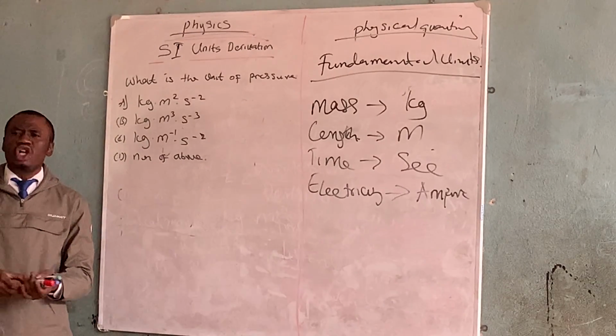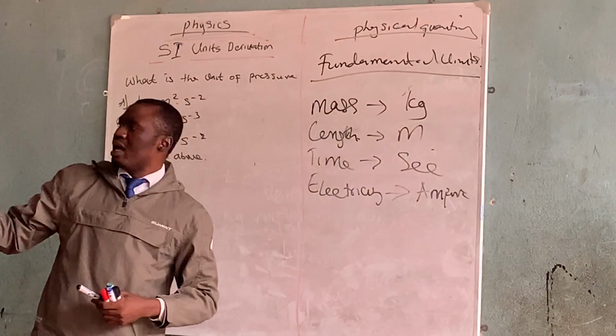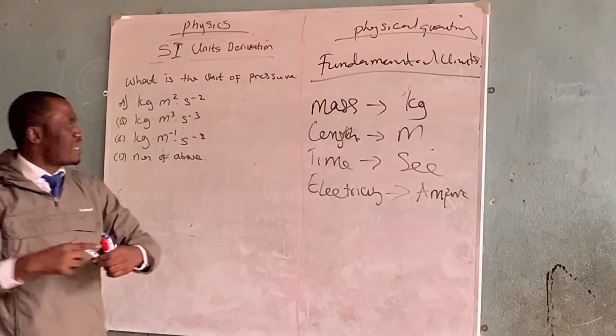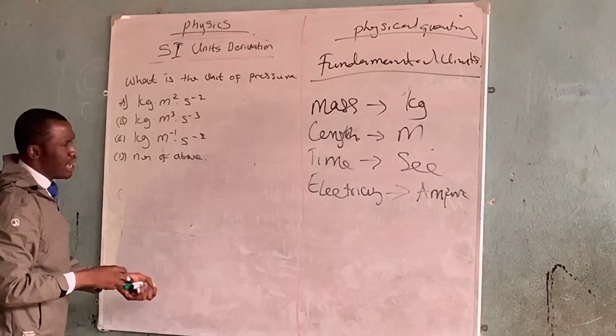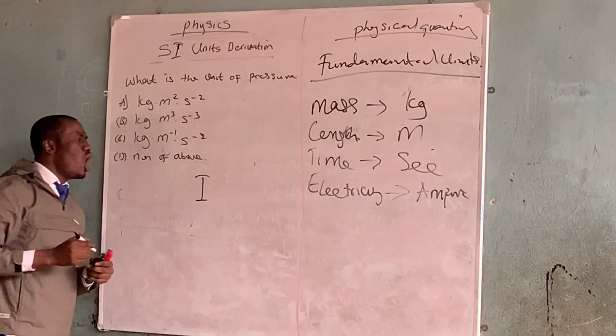Meanwhile, electricity can also be measured in coulombs per second. Have you heard that before? Now, let me show you what I mean by that. Let's say we have current.